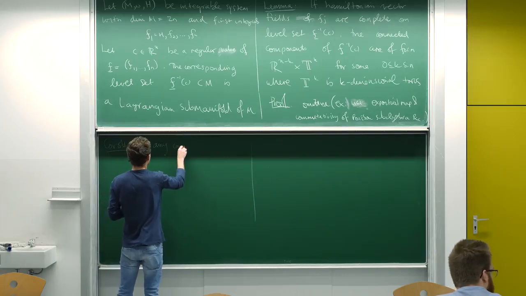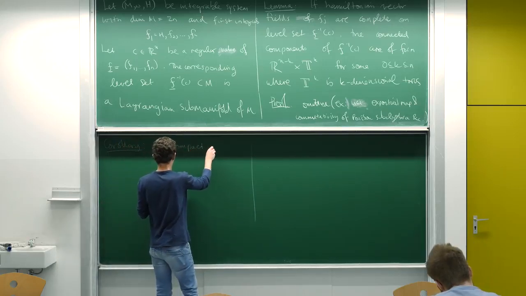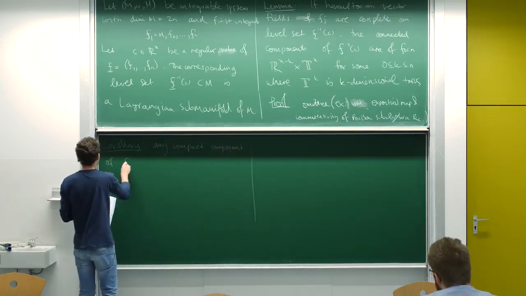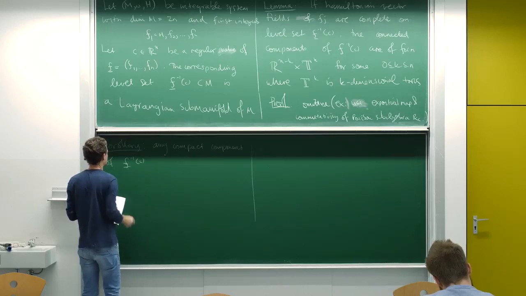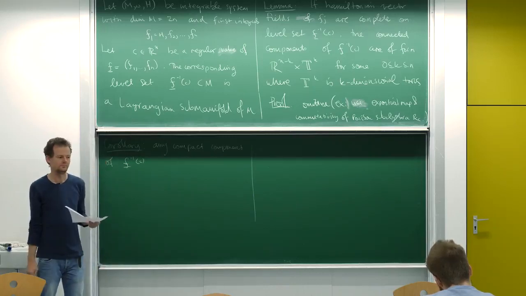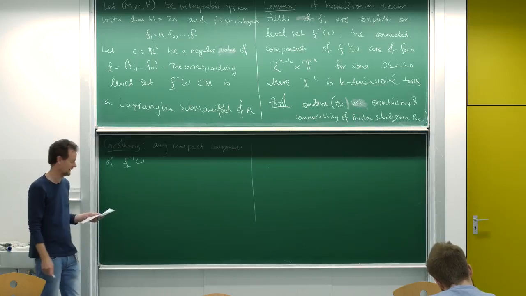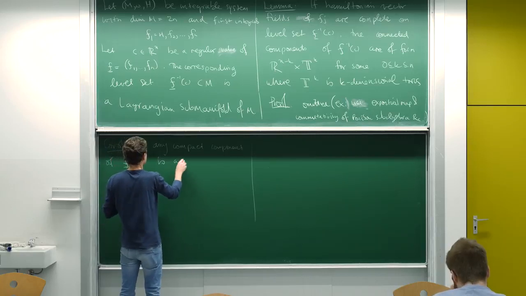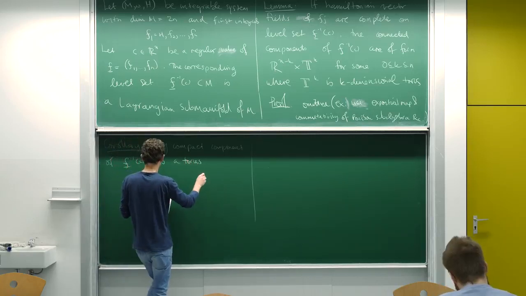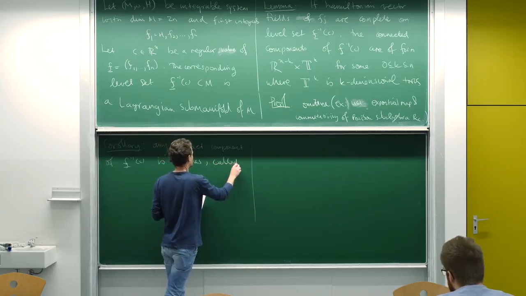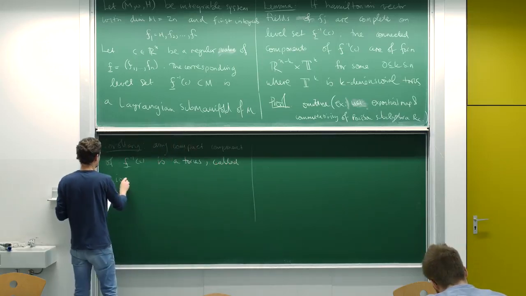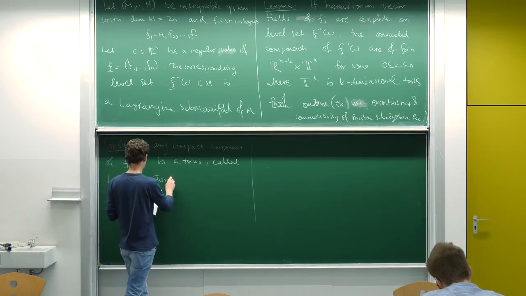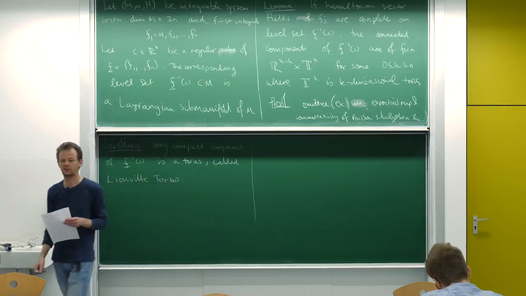Any compact component of the level sets, well, the word compact's there, the real line's not compact, so it must be a torus. I'm going to give this torus a name, it's the Liouville torus.